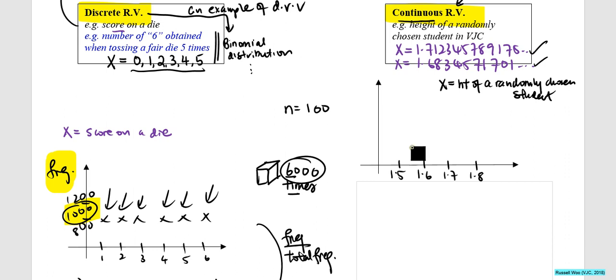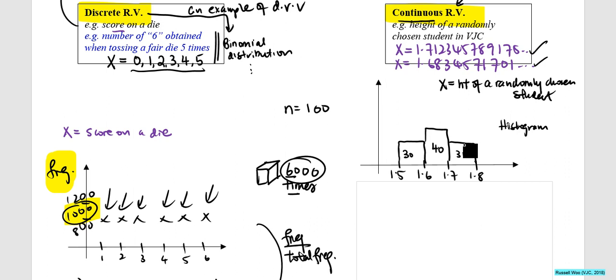So for simplicity, we will construct what we call a histogram. Maybe, just for simplicity, we get 30 here, 40 here, and 30 here. So far, so good.